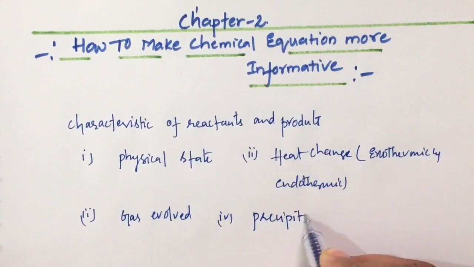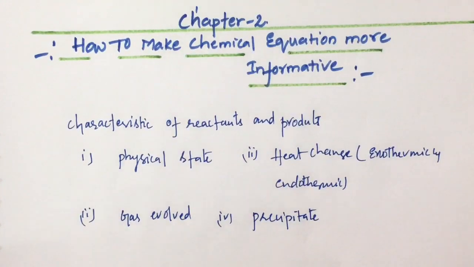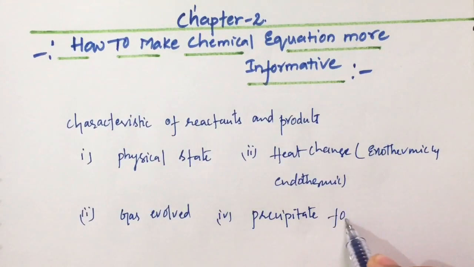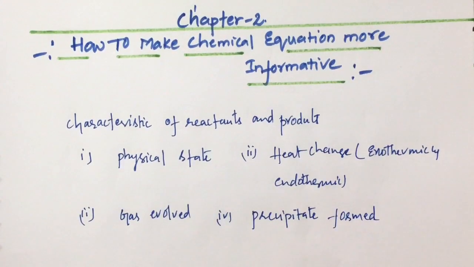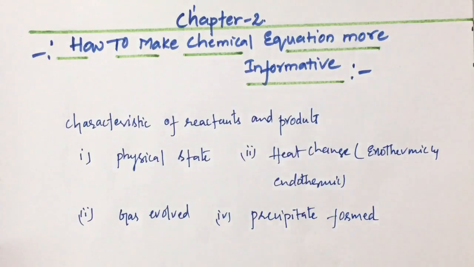So what is a precipitate? A precipitate is an insoluble substance which is formed as a product after a chemical reaction.